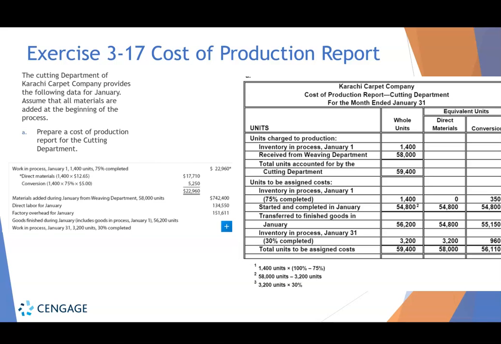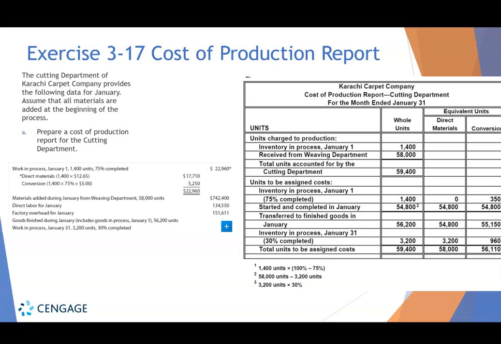So the started and completed, we've got the 58,000 units minus our ending inventory. And as far as the ending work in process for conversion purposes, if we had 3,200 sitting at the end, but they were 30% completed in regards to conversion, we know that's 960 units, okay?